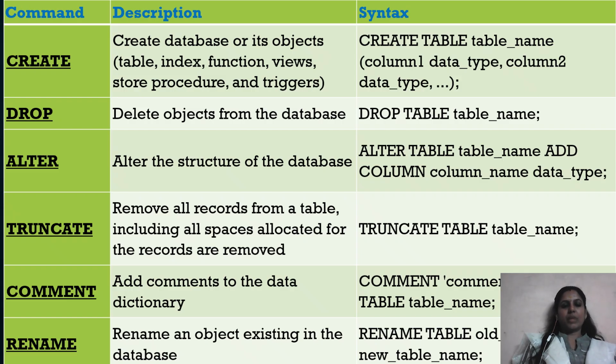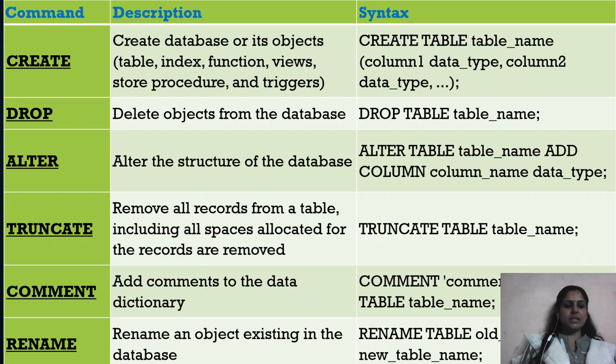Truncate command is used to remove all records from a table, including all spaces allocated for the records. So we can write the command as truncate table, table name. The next one is comment. Comment is used to add some comments to the data dictionary, and we can use the syntax as comment, comment name, and then the table, table name.